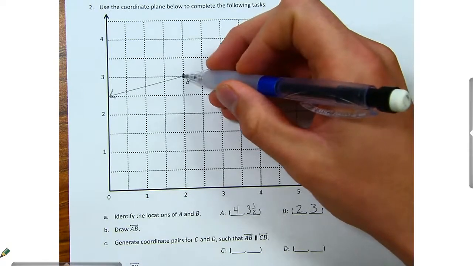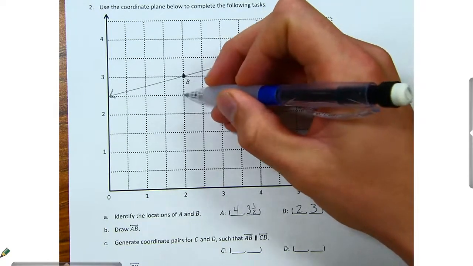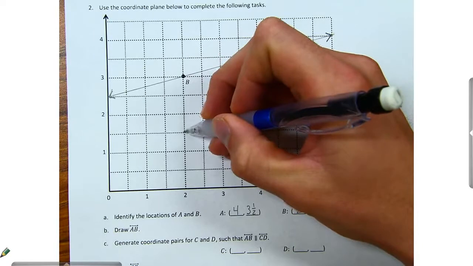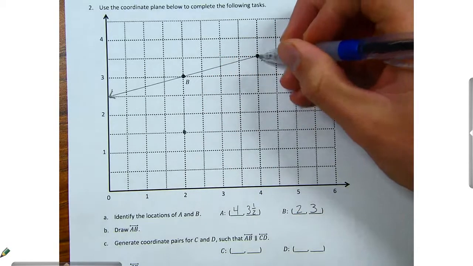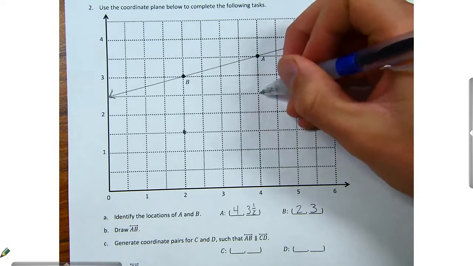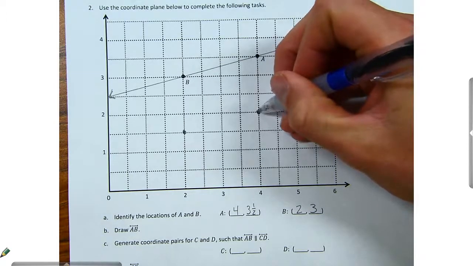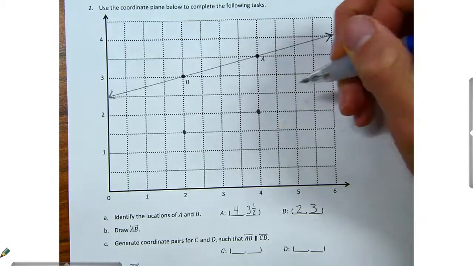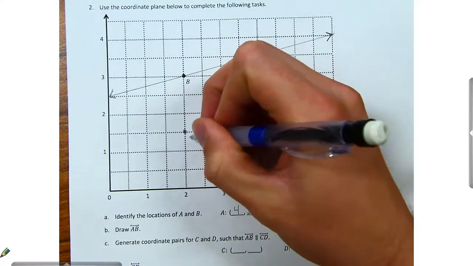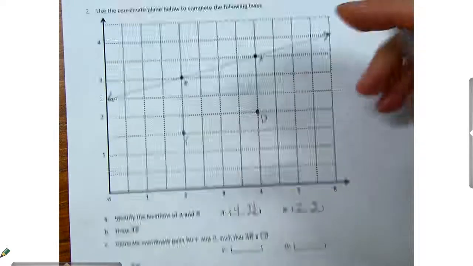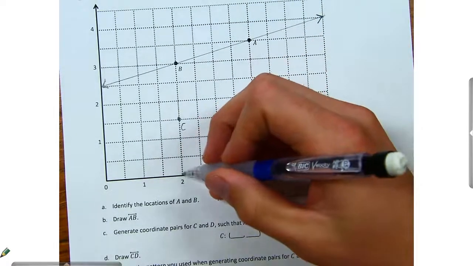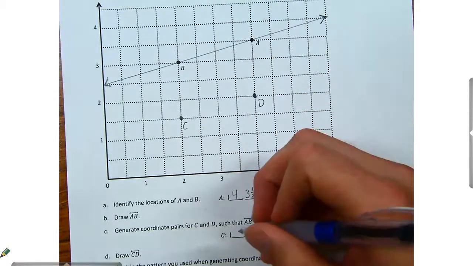So let's go to B, and we'll move that B down 1, 2, 3. We'll move it down 3 of these boxes, which is really 1.5. And then we'll move A down 1.5 as well. 1, 2, 3. 3 halves, which is 1.5. We'll call this here point C, and we'll call this point D. And C will be 2, 1.5.